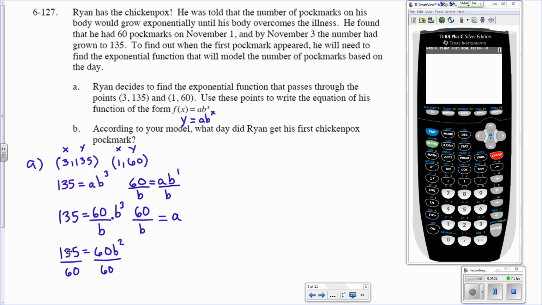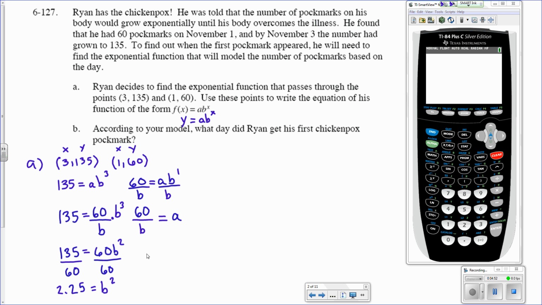And 60 goes into 135 2 1/4 times, or we could say 2.25. And then our 60s here will simplify to give us 1, so we have b squared equals 2.25.